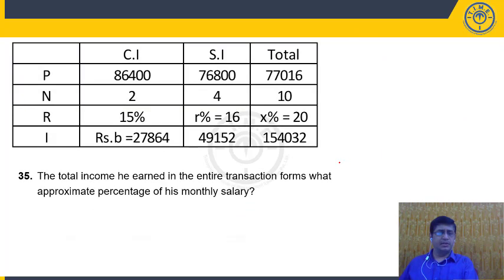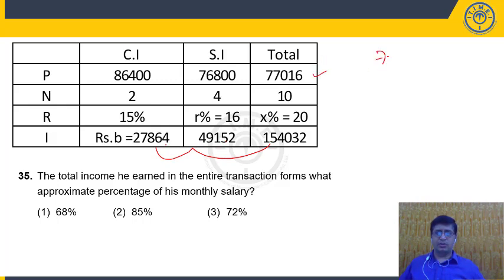Now, look at the next example here. The total income he earned in the entire transaction forms what approximate percentage of the monthly salary? So, what is the total interest he earned? Total interest means the sum of these two values, already given here as 77016, plus 154032.